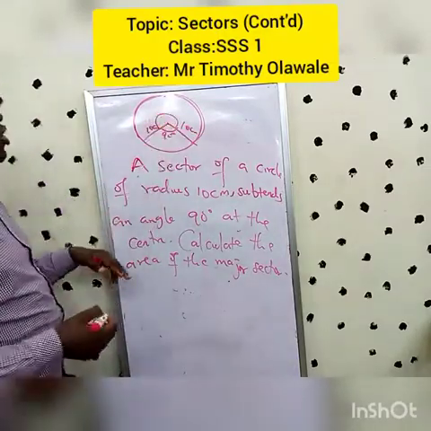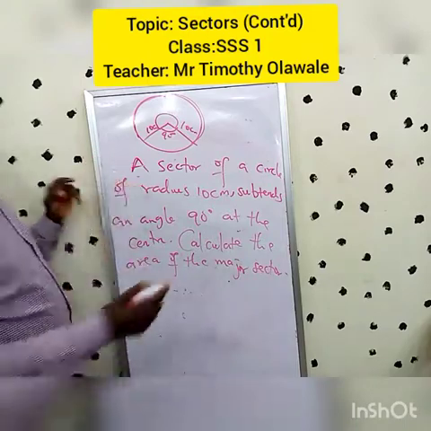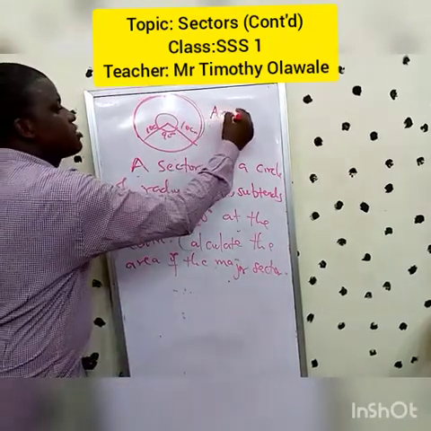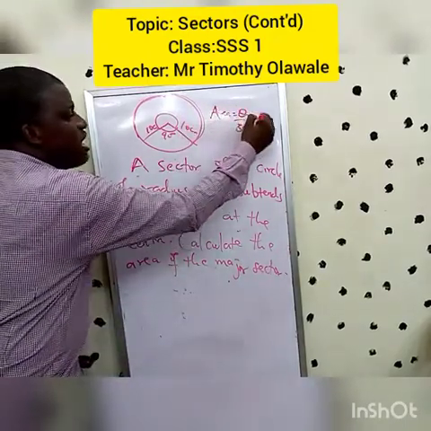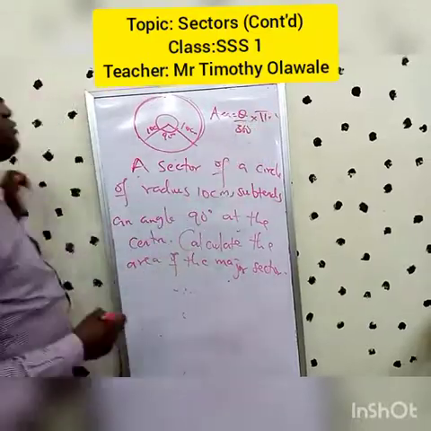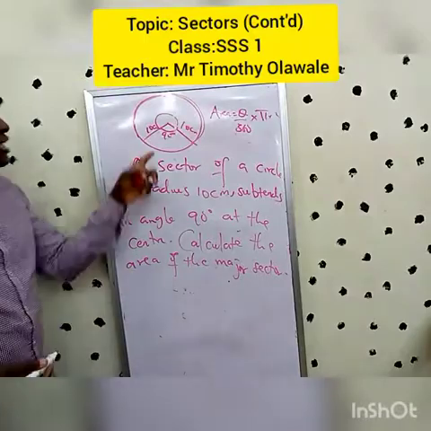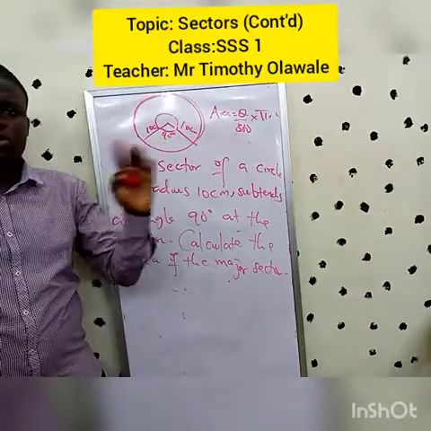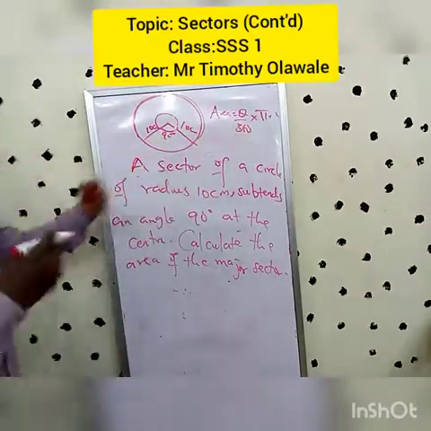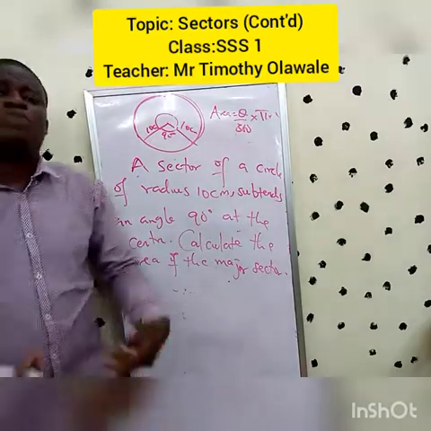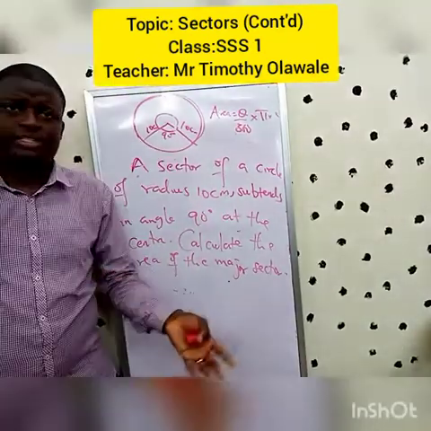But you know, the formula is still the same. Area equals theta over 360 times pi r squared. But the difference here is that we are going to be using the angle of the major sector, not the 90 degrees. That's all. Is that clear? The radius of the minor sector is same as the radius of the major sector. Same thing. Is that clear?